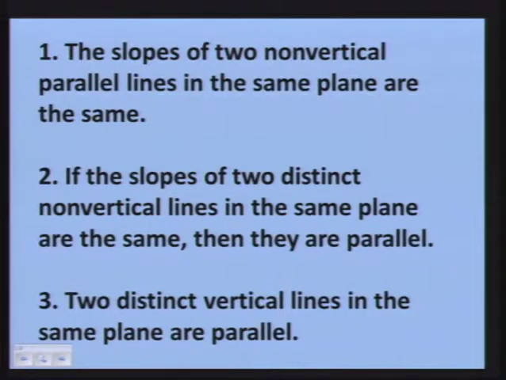In the third section here, it says two distinct vertical lines in the same plane are parallel, and we have to put that in as a stipulation to cover those because their slopes can't be the same. And then number 2, if the slopes of two distinct non-vertical lines in the same plane are the same, then those lines are parallel.